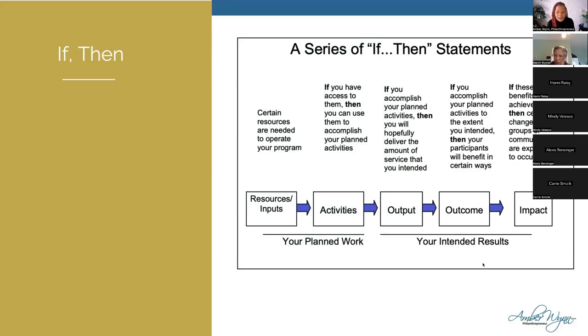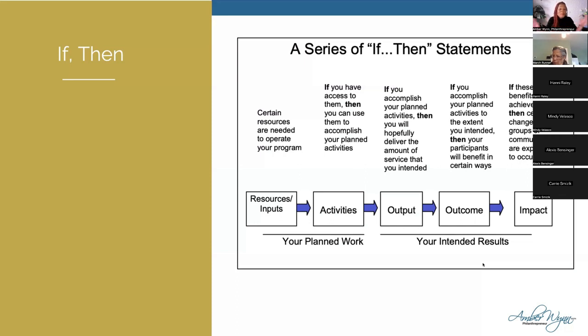If you have access to them, then you can use them to accomplish your planned activities. If you accomplish your planned activity, then you will deliver on the amount of services that you intend. And if you accomplish your planned activities, then your participants will benefit. And if these benefits are achieved, then changes in the groups, the communities, or the environment will occur.